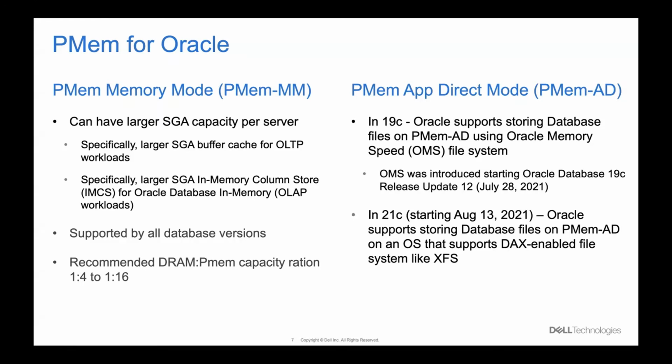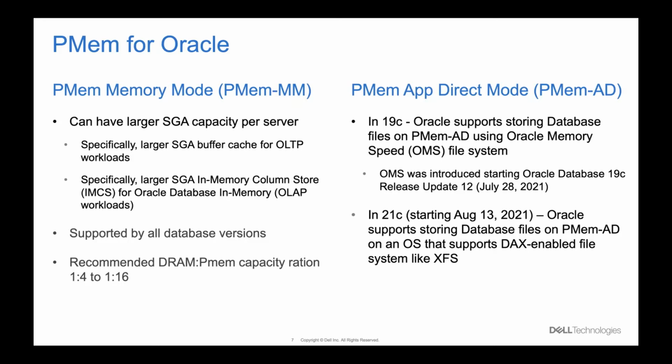And just a small technical detail, the recommended capacity ratio between DRAM and PMem is 1 to 4. PMem with App Direct mode is something new which came with our latest Oracle database updates.